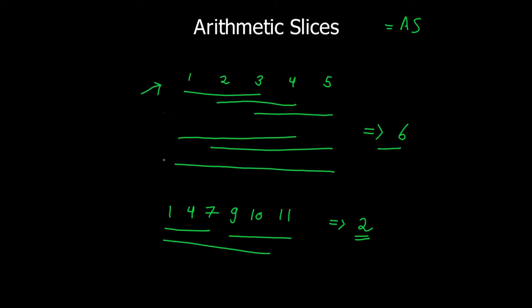So how can this problem be solved? Now let us take another array: 1, 2, 3, 4, 7 and then 10, and finally let us take one more element, 11. There is one little observation: if we have 4 consecutive elements, let us call them A, B, C and D, how many arithmetic slices are we going to have?